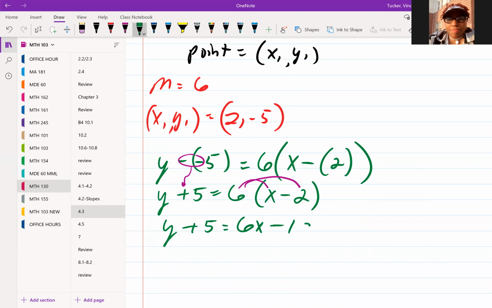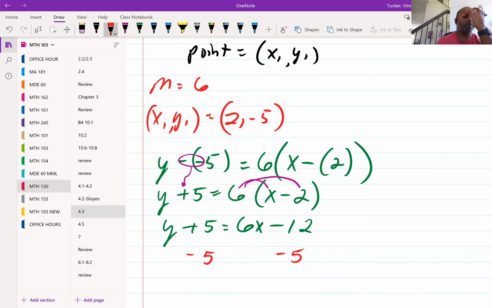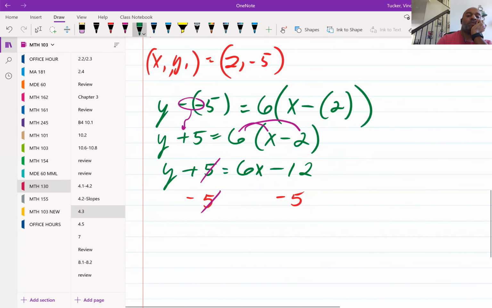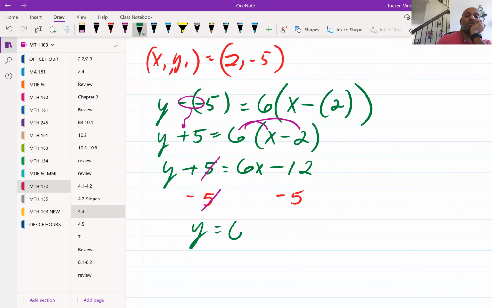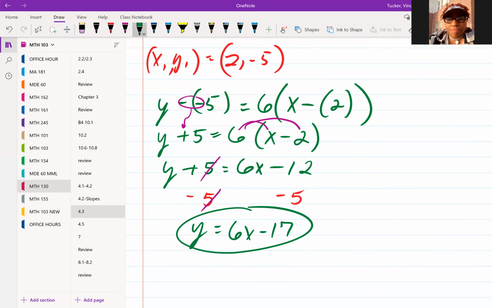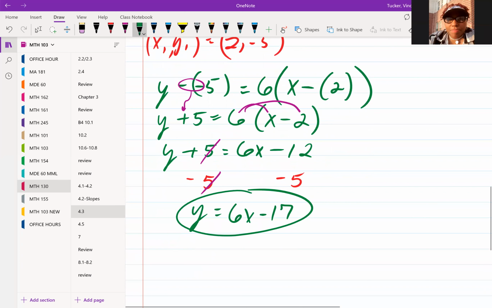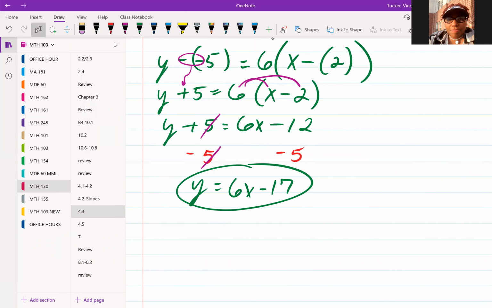So that's going to be y plus 5 equals 6x minus 12. And then we take the 5 over: y equals 6x minus 17.